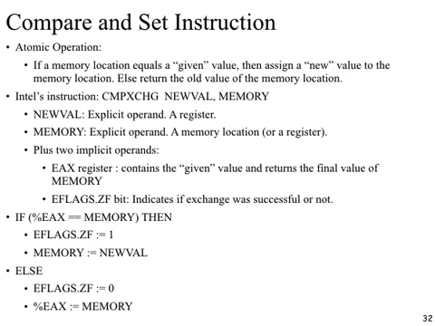So the way compare exchange works is that you compare the contents of the EAX register, that is the given value, against the memory location. If the comparison succeeds, then you set the ZF flag to 1 and set the memory location to the new value, which is the first operand.